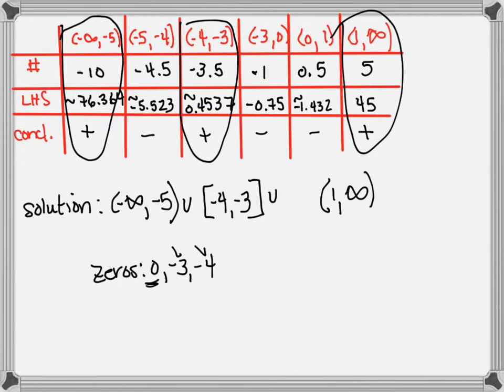But I do need to include just the value 0. And I do that by using the set of 0 with the curly braces. So this is my solution. It looks a little strange, but I have from negative infinity to negative 5, union negative 4 to negative 3, including both of those endpoints, union just the set of 0, union 1 to infinity.